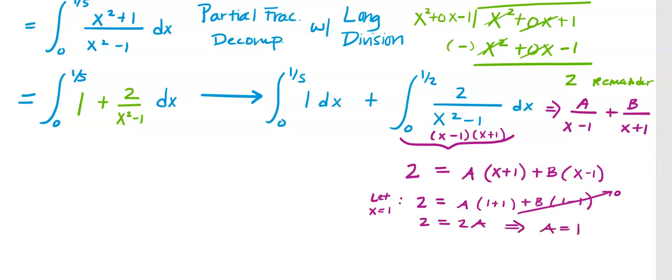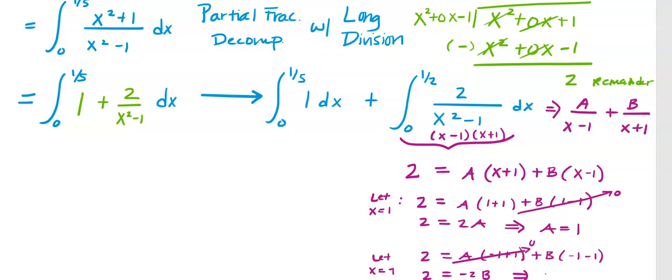If we did the same idea to figure out what b is, let x equals negative 1, we could say, okay, well, 2 is equal to a times negative 1 plus 1 plus b times negative 1 minus 1. The negative 1 plus 1 would go to 0, and we would end up with negative 2b is equal to 2.